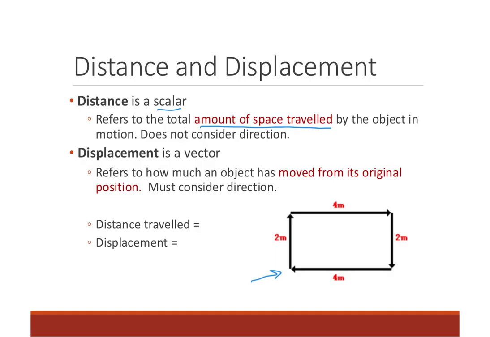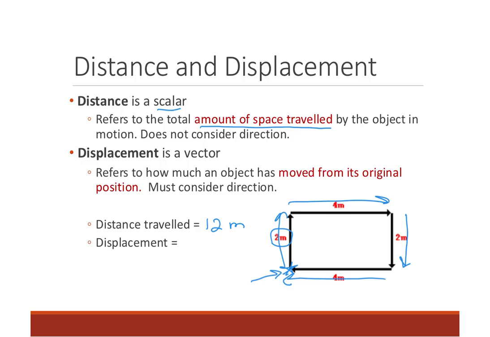And so we'll use the directions of the compass. So you're going to first walk north for 2 meters, and then you're going to turn and walk east for 4 meters, and then you'll walk south for 2 meters, and then west for 4 meters till you come back to your starting point. To calculate the distance, then, we add up all of the lengths of the sides of this rectangle, 2 plus 4 plus 2 plus 4, and it tells us that our distance traveled is 12 meters.